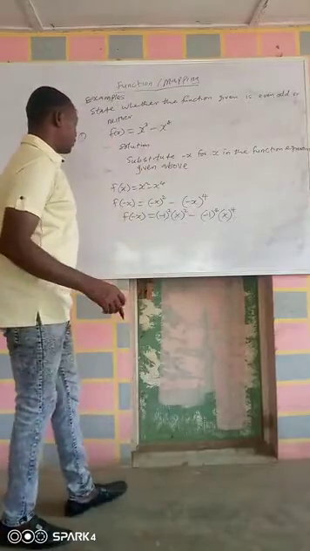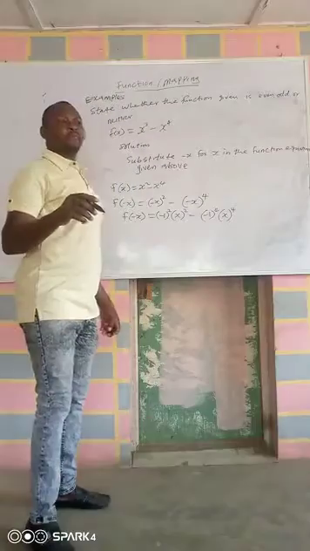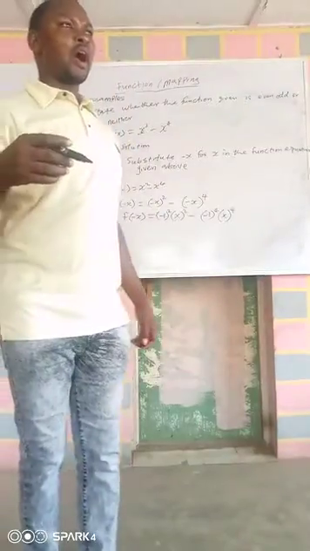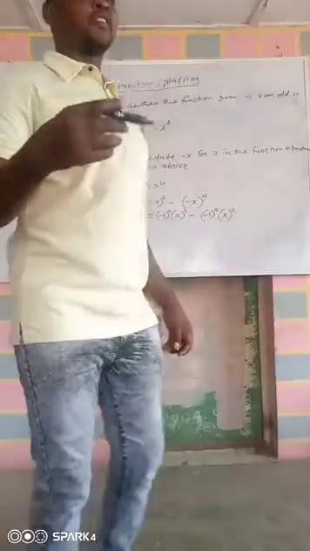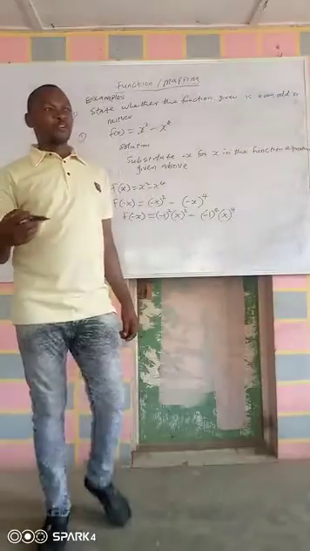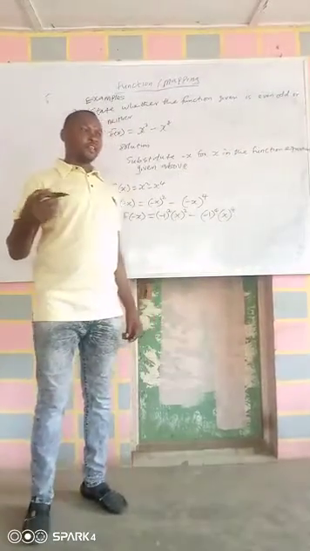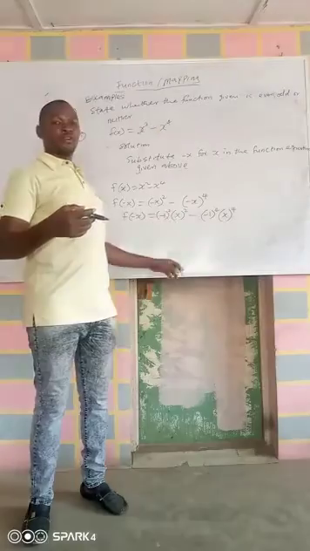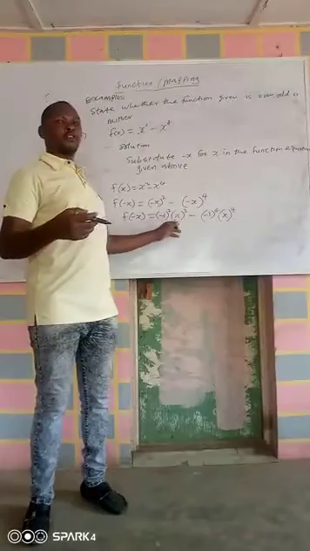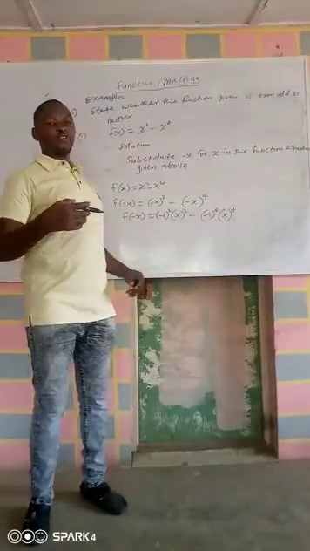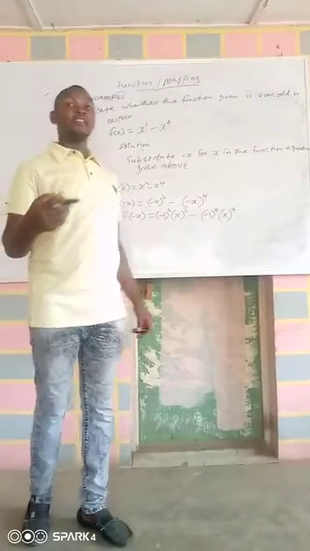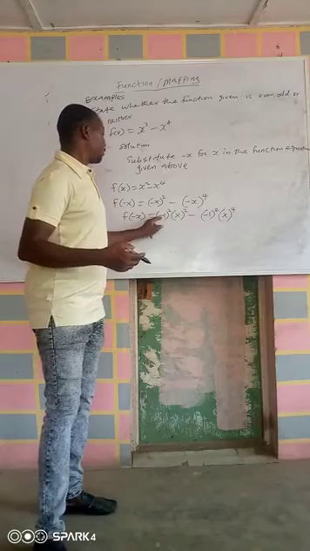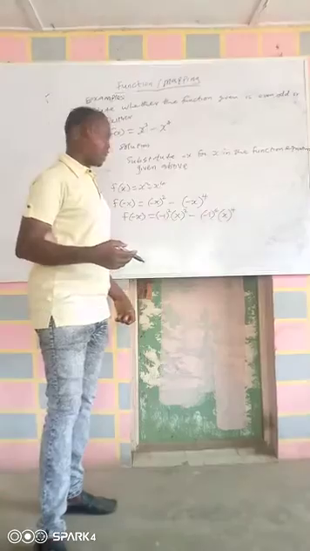Anytime we have a power that is even and what is raised is negative, then that will become positive. And if the power is odd, you still maintain the negative sign. Because it's even, this negative 1 becomes plus 1.